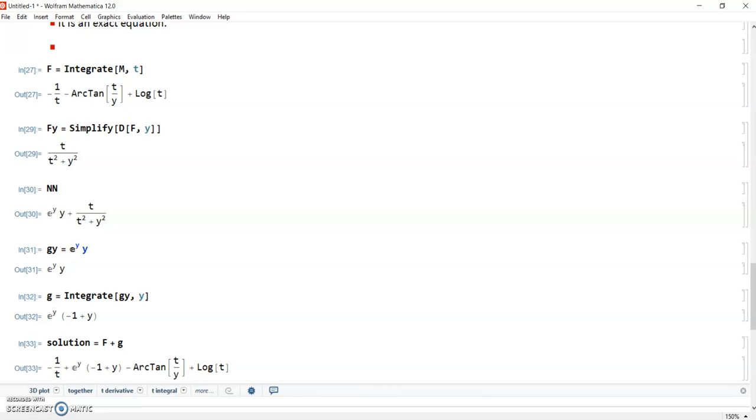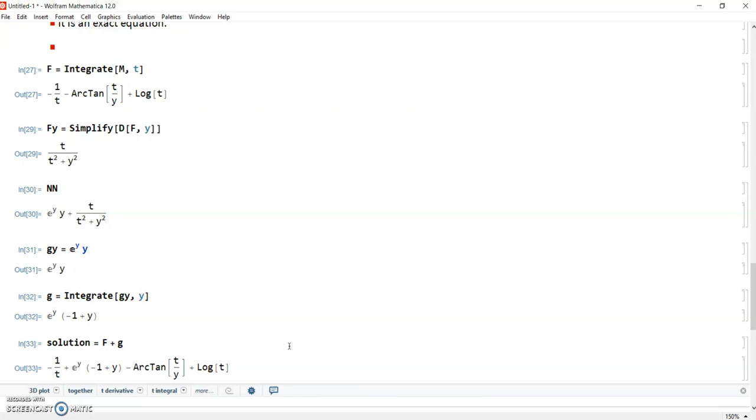One thing you can see is that Mathematica uses the word log, not ln, for the natural logarithm. In normal hand calculations we use the ln symbol, but here Mathematica uses log.